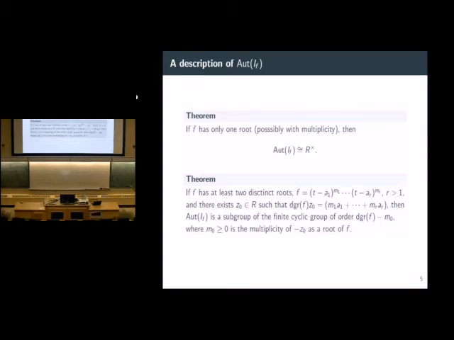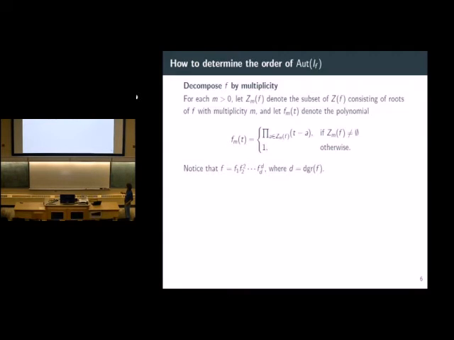So as I said, this is a subgroup, but we would like to give a more precise description. If you give me an f, I'd like to be able to tell you right away what is the order of this cyclic group. The way you do this is, you decompose f by multiplicity of the roots.